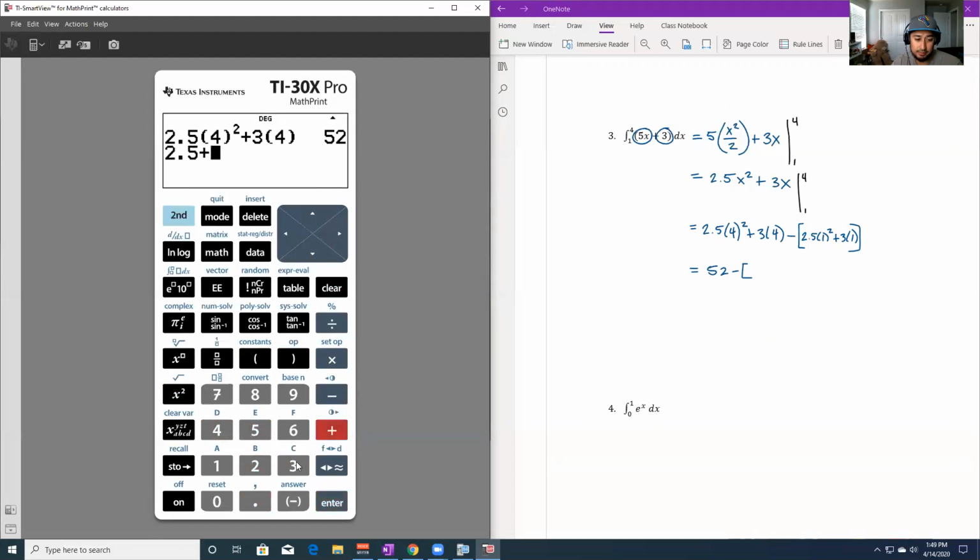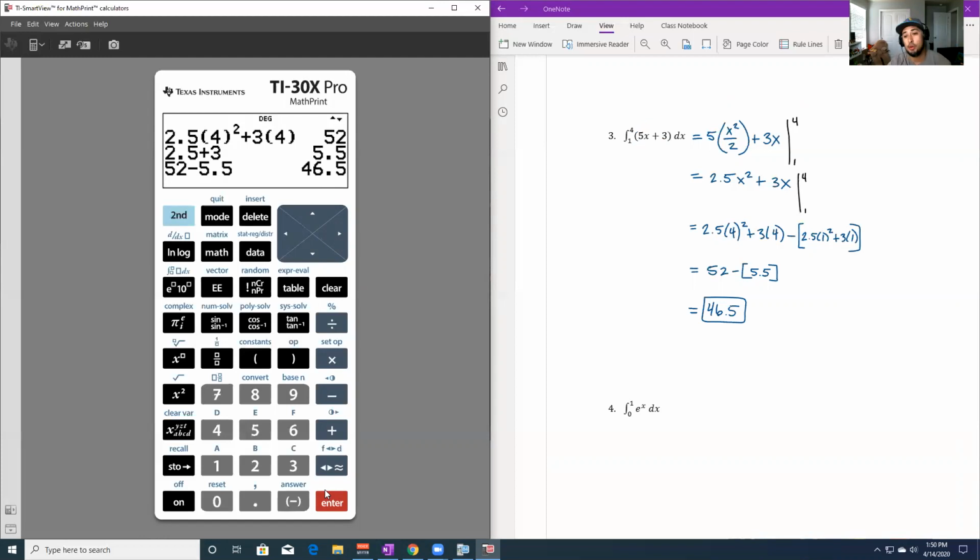Well, that's 2.5 plus 3. So that's 5.5. Okay, and now 52 minus 5.5, 46.5. There it is. That is the area underneath that curve or function. We'll just say that.